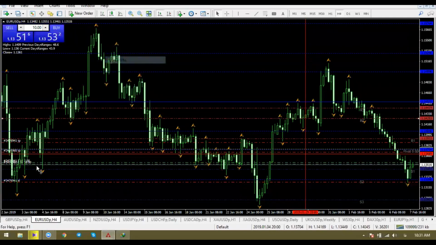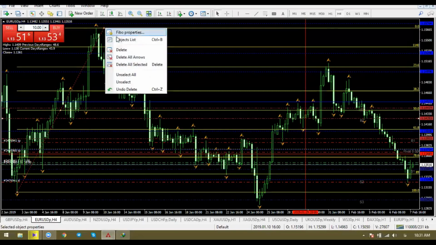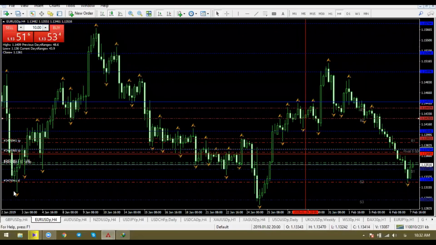But if it is an uptrend, and my last high would be here, it would be from the bottom to the top. Always know that Fibonacci is always from the past to the future, not in reverse.